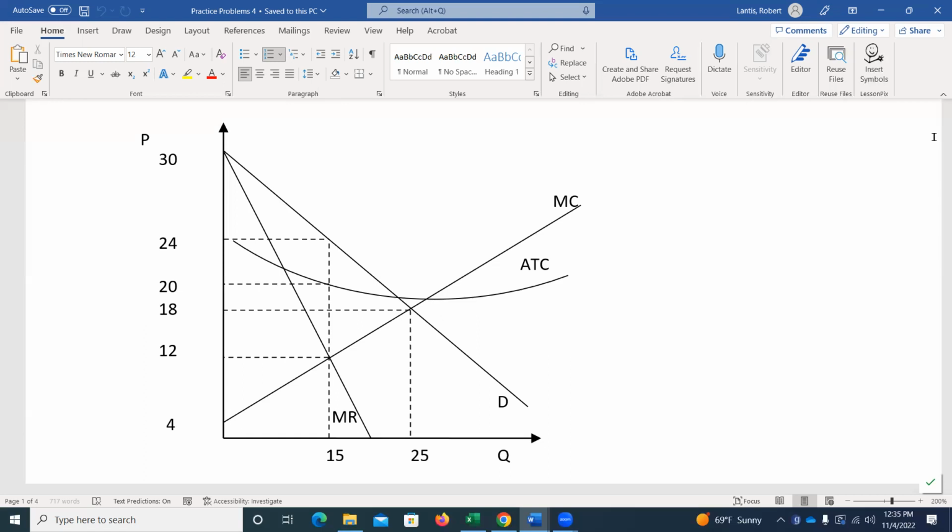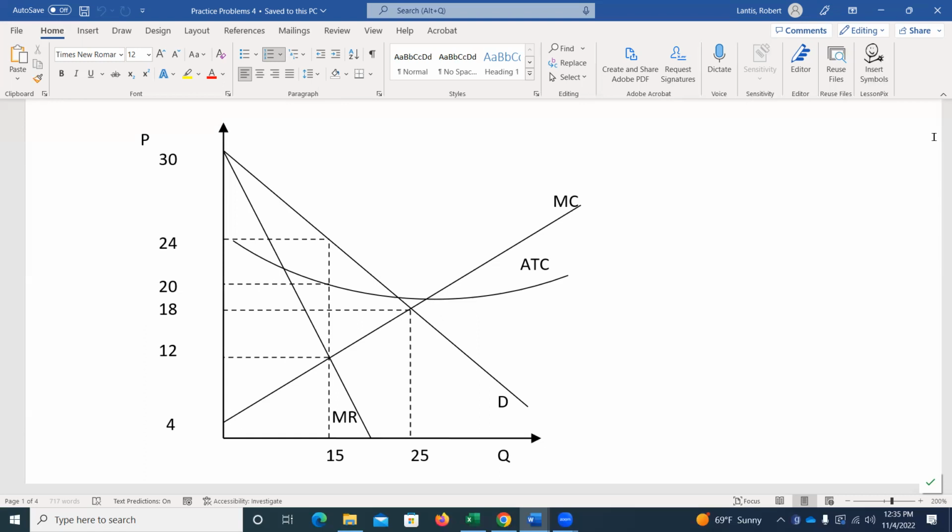So we'll call this PD, price discriminating monopolist. What would the price quantity combination be for a perfectly price discriminating monopolist?